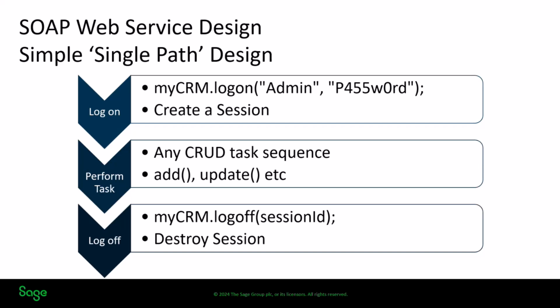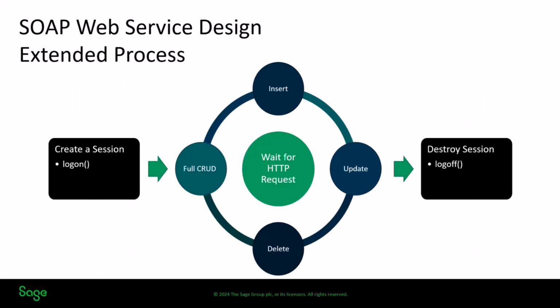That might be suitable in the case of an integration where you want to push data into Sage CRM or retrieve data from Sage CRM. Another design approach can be to think about creating a session. The application, once it's logged on to Sage CRM, can sit there and wait for the user to do the tasks that it wants to do.